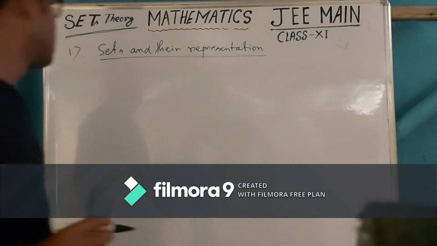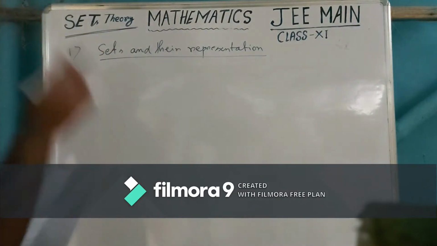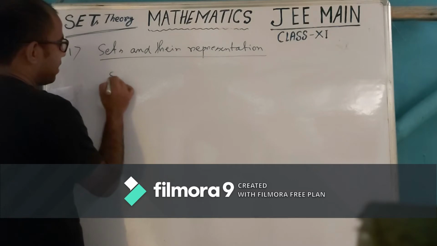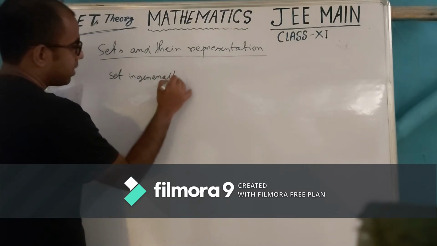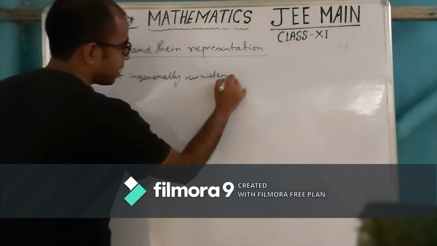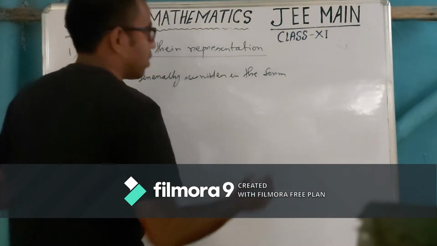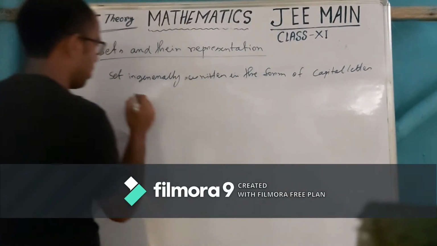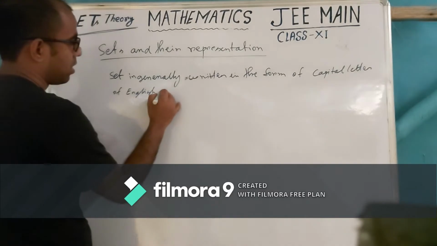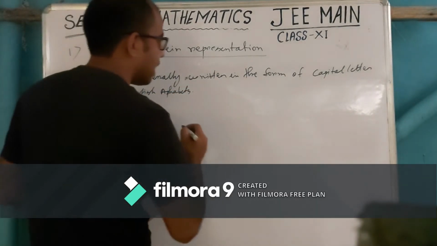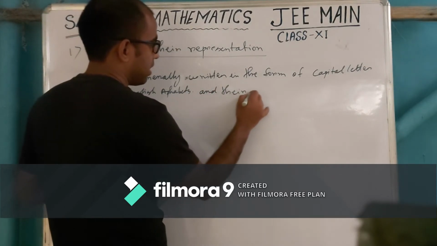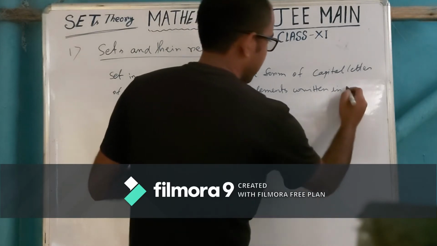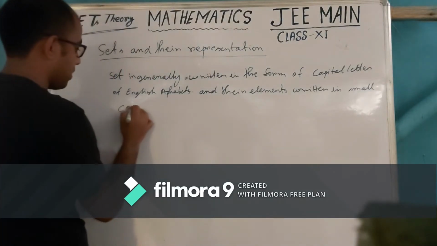How are sets defined and represented? A set is generally written in the form of a capital letter of the English alphabet, and its elements are written in small case letters.